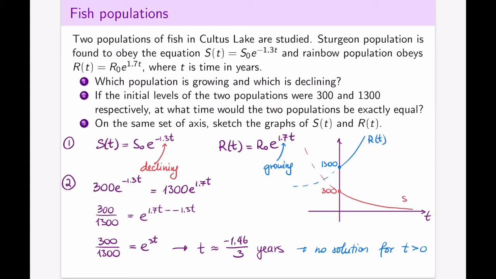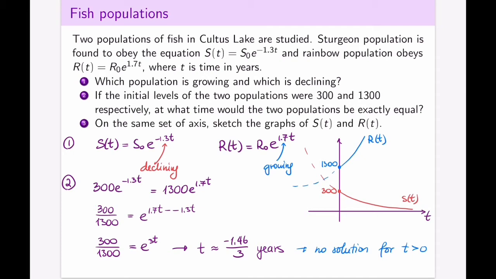So here we can clearly see on the graph that for positive values of t, these two curves will not intersect, producing no solutions there, but they will in fact intersect on the negative side, which corresponds to the mathematical solution here.